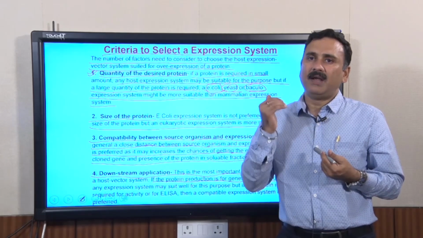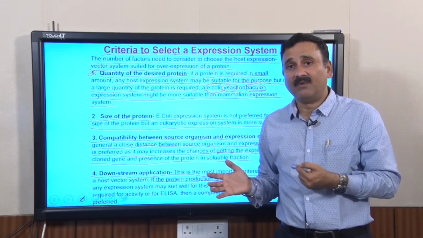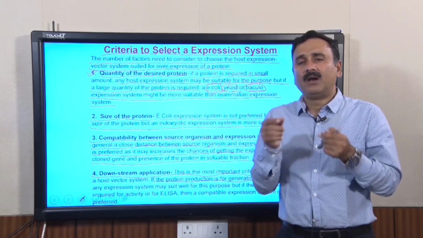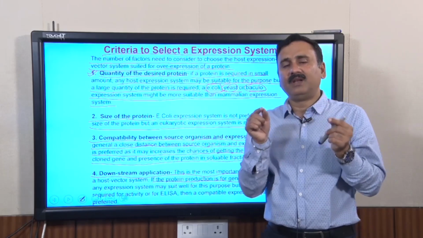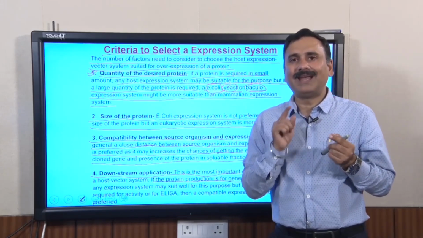the protein epitopes or the antigenic sites may still be conserved, because the antigenic sites of a particular protein are present in a very small stretch. And these stretches may still be intact.